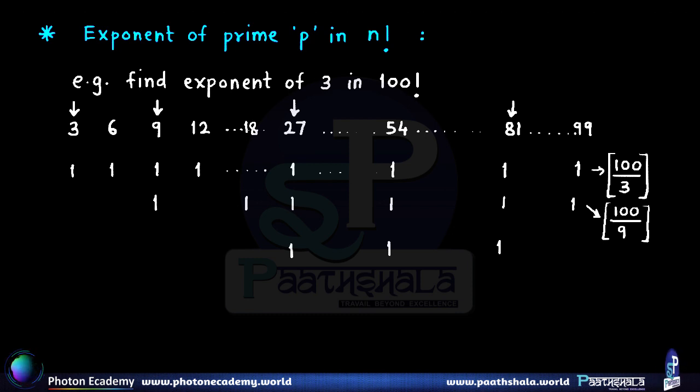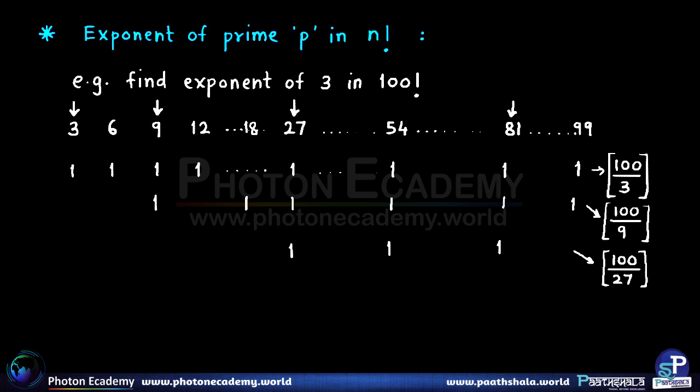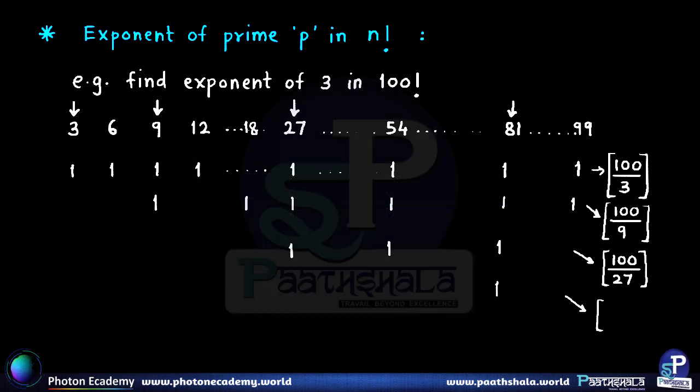So this number is actually nothing but the greatest integer of 100 divided by 27. And lastly, the fourth power of 3 is 81, which is the only number that is a fourth power of 3, and there is no further multiple of 81 which is less than 100. So that is technically the greatest integer of 100 upon 81.